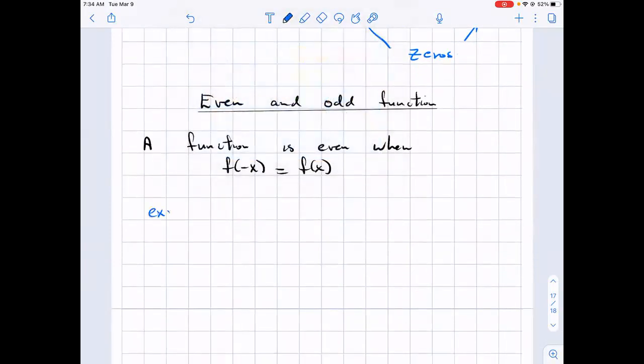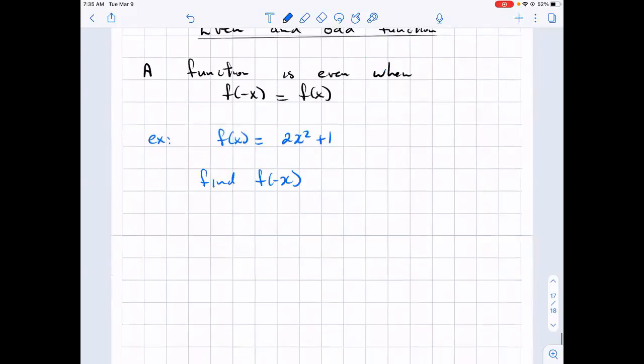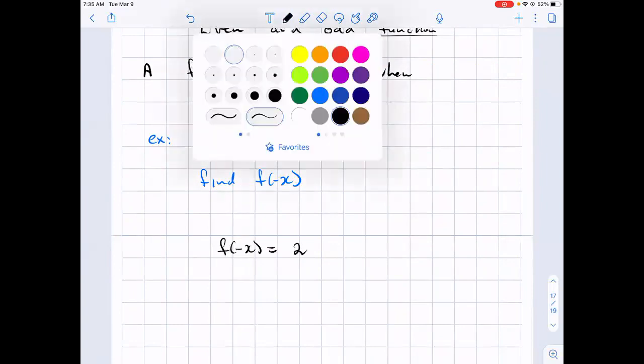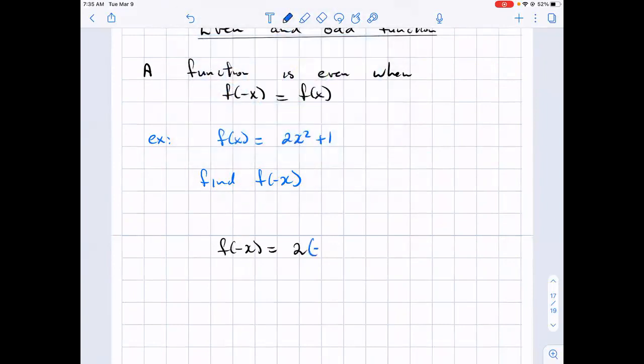Example: if I tell you that f of x is equal to 2x squared plus 1, find f of minus x. Well, f of minus x is equal to 2, but in parentheses we put minus x, squared, plus 1.